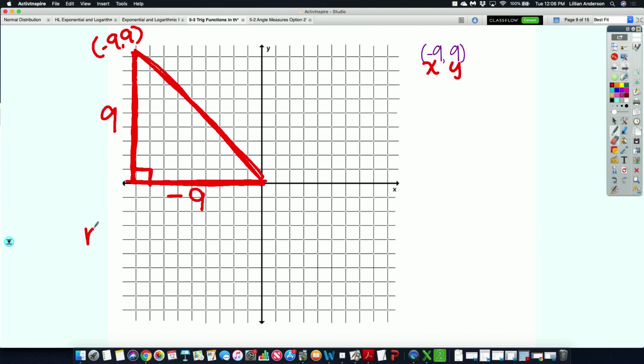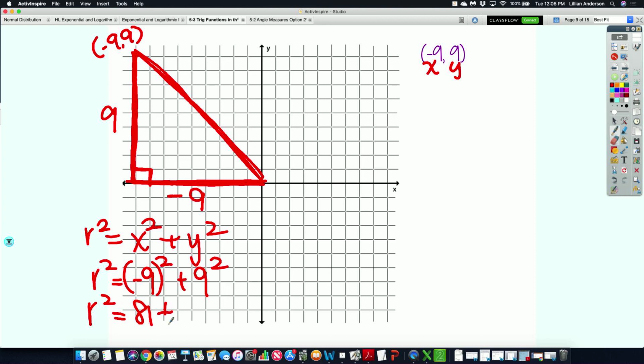So that is r squared equals x squared plus y squared. Well, then that's going to be nothing but negative 9 squared plus 9 squared. So that's 81 plus 81, which is what? 162. Now, is 162 a perfect square? No. But what numbers do go into 162 evenly?